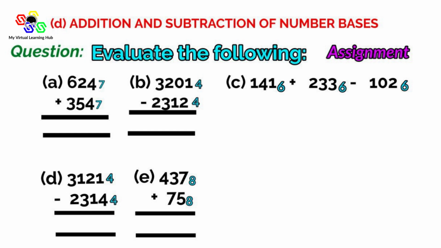Number 3, 141 base 6 plus 233 base 6 minus 102 base 6. Number 4, 3121 base 4 minus 2314 base 4. Number 5, 437 base 8 plus 75 base 8.